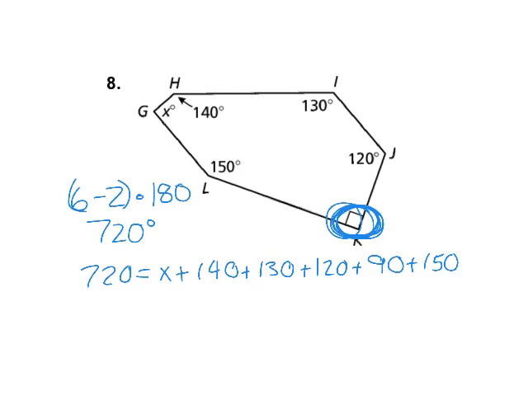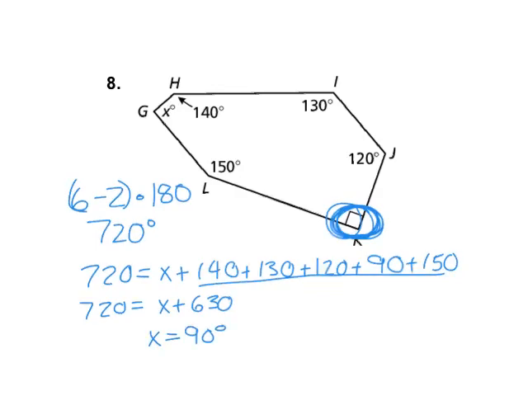So what is all that? What does all this stuff add up to? 540? Oh, you forgot the 90. 630. So 720 equals x plus 630. Subtract 630 from both sides. X ends up being 90 degrees.